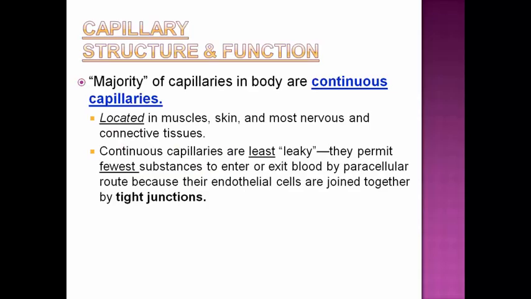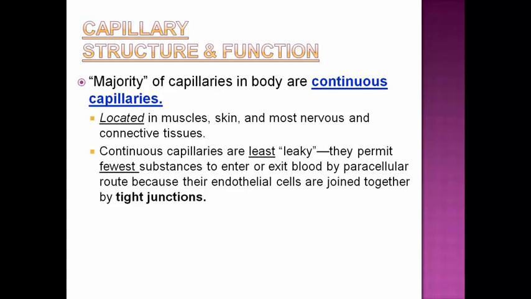So in the notes we know that a majority of the capillaries are continuous capillaries. These are the ones found in your muscles, especially skeletal muscles, your skin, most of the nervous system, and most of your connective tissues. These capillaries are the least leaky, meaning they permit the fewest substances to leave the blood supply, or the lumen of the capillary, and get out into the extracellular or interstitial fluid.